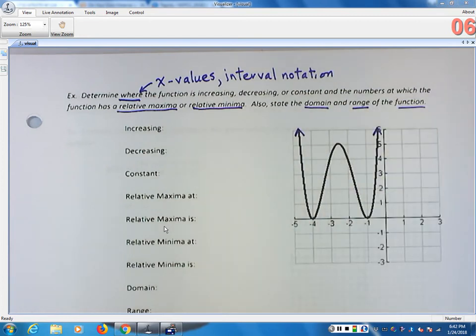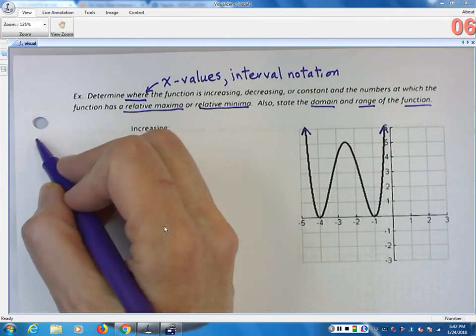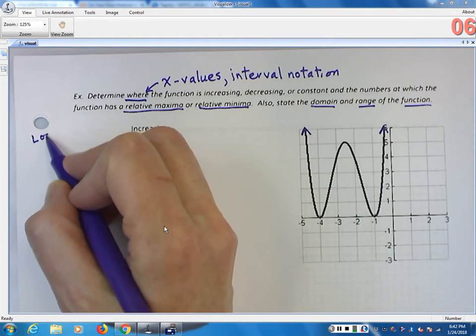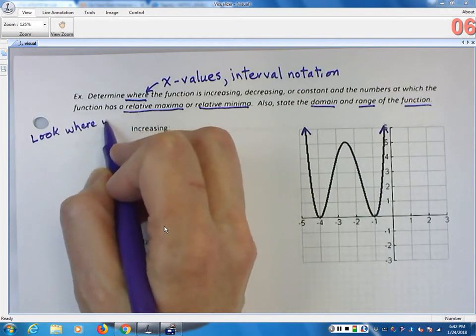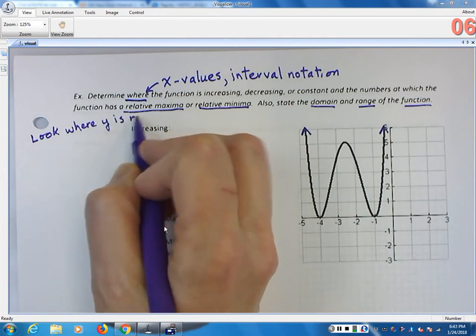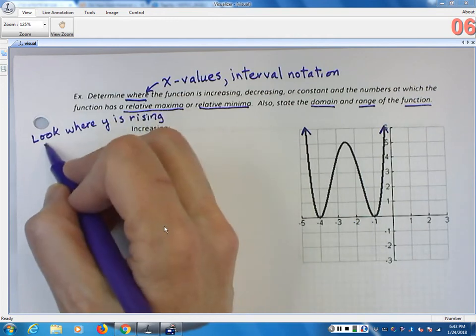Okay, so we're looking for increasing. We look at where the function is rising. Look where y is rising for increasing. But then you have to read the x values.